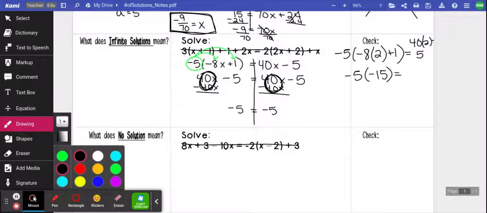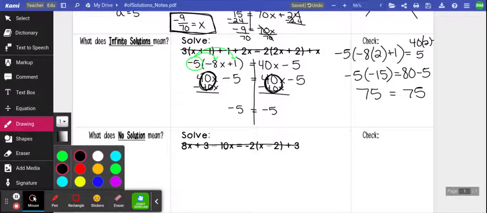What's 40 times 2? 80 minus 5. Good. We're going to keep going. -5 times -15. 75, and then 80 minus 5 is also 75. Notice that when we plug in 2, it works out.